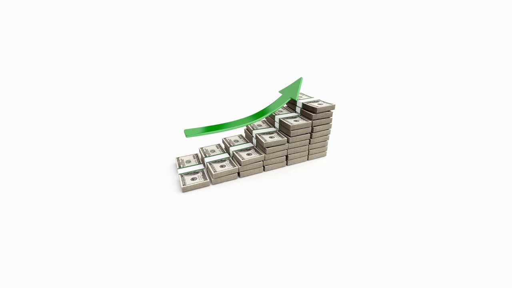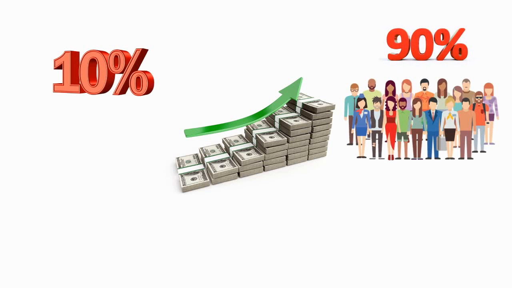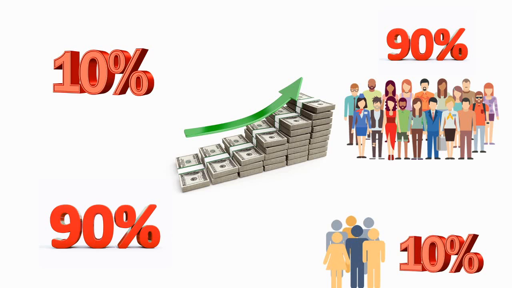For example, 10% of national income is distributed among 90% of the population and 90% of national income is cornered by 10% of the population. Hence, the calculation of per capita income will not show the disparities of the country. Due to averaging the income like this, we can't identify any income inequalities.